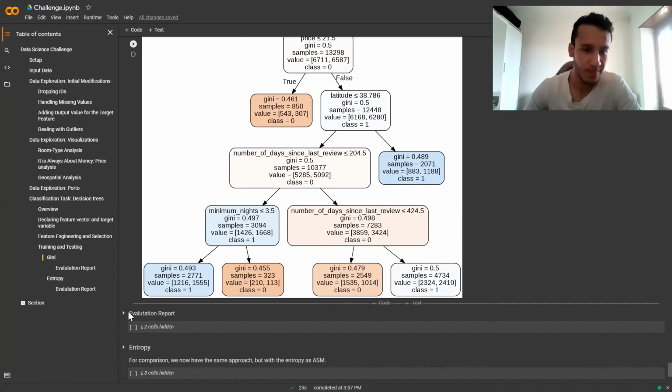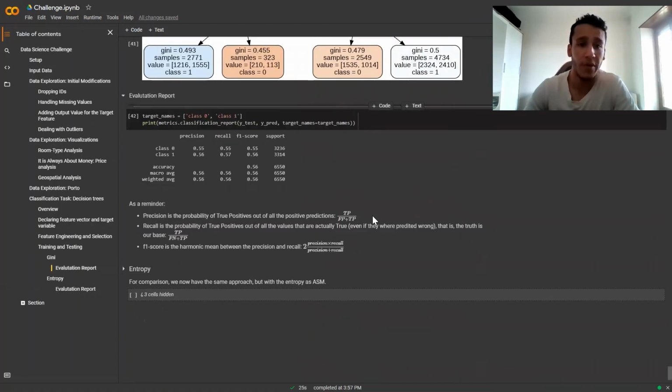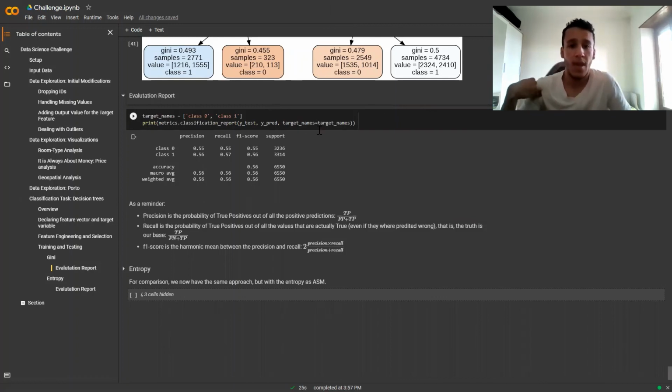Okay. The evaluation report. The evaluation report is a very important tool that is used to see if our model is running well. We have precision, we have recall, and we have F1 score. Precision is quite intuitive.